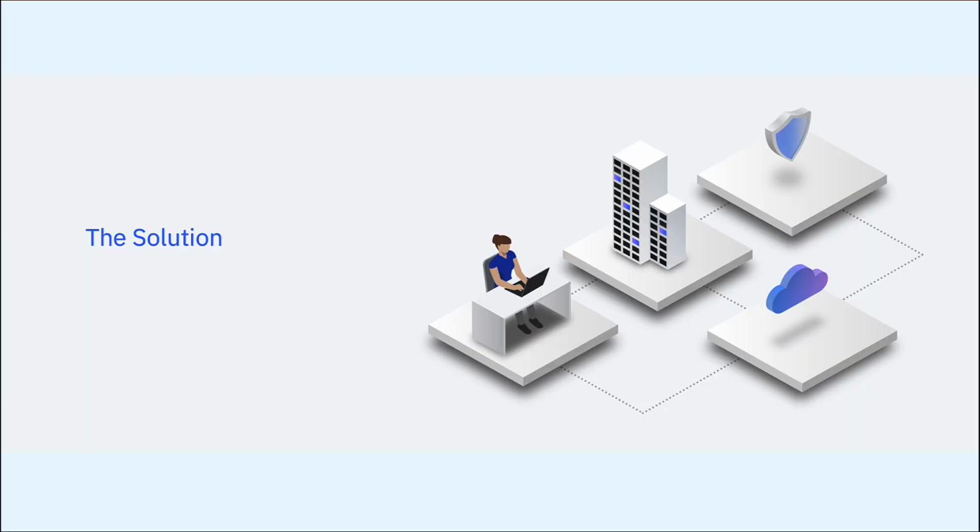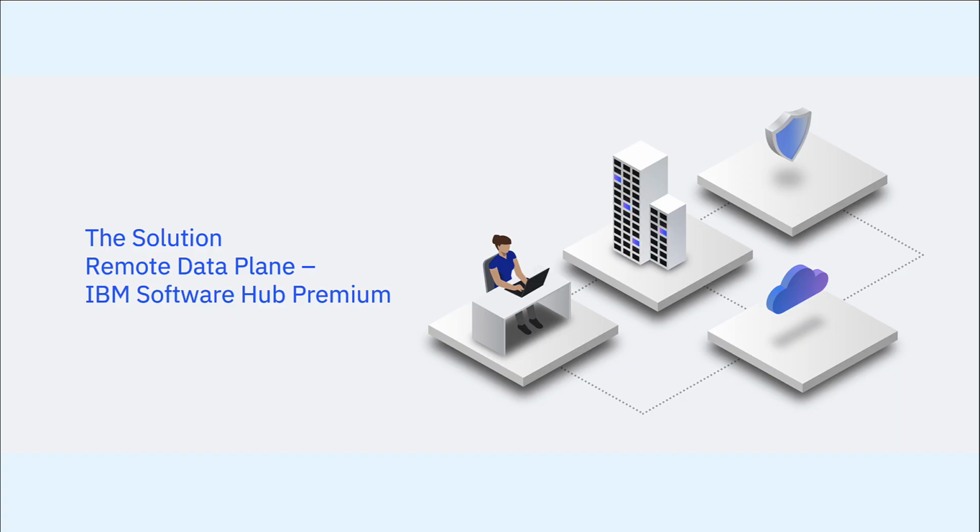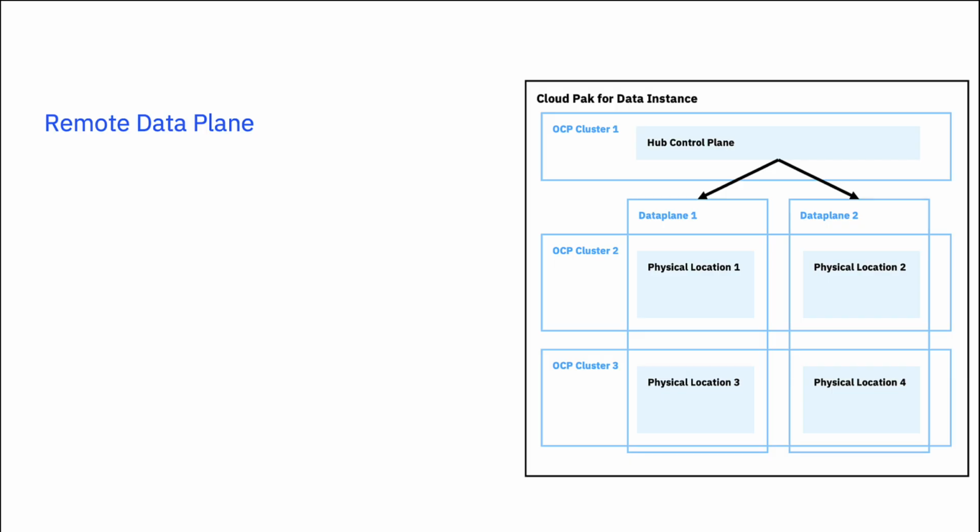So, does IBM have a solution for these challenges? Yes, IBM addresses them with Remote Data Plane, a feature available through IBM Software Hub Premium. What is a remote data plane?